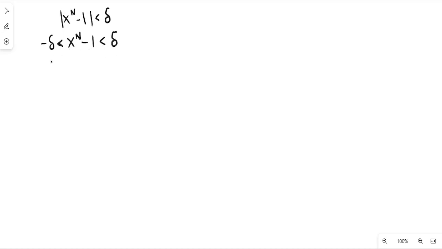And in particular, this means that 1 minus delta is going to be less than x to the big N. So basically, what this shows is that if I want to make x to the big N close to 1, and specifically if I want to make it bigger than 1 minus delta, then I can do that.